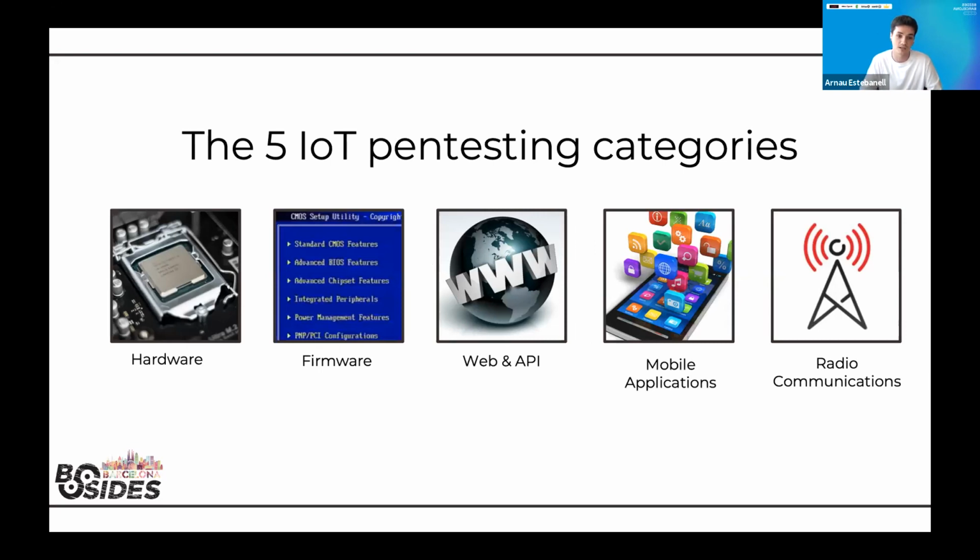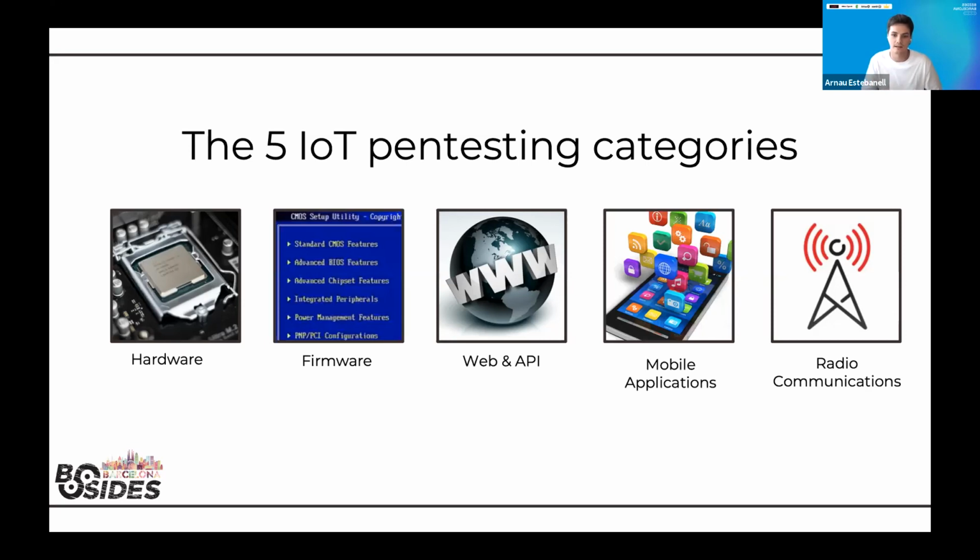Some IoT devices have all the information stored in a micro SD card, so is the firmware there? Can I extract the firmware and then do what I want with it? Then we have, of course, the web and API category, the mobile application category, and the radio communication one. Hardware and firmware you will always have, but the other 3 are optional and will depend on the architecture that you find.